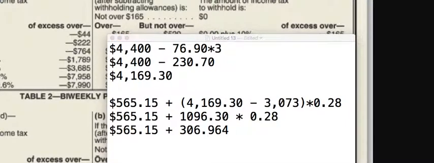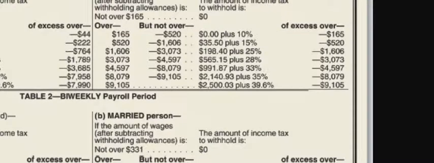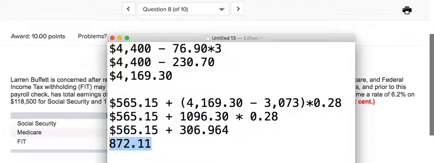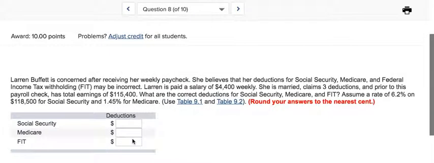And then when you add those two together, this number. Make sure to round to the nearest cent, 11 cents, and I don't round up because the 4, that's not 5 or greater. So that's how much I have to deduct in federal income taxes. So if we go back to this last one, that's the number I'd put here, $872.11.